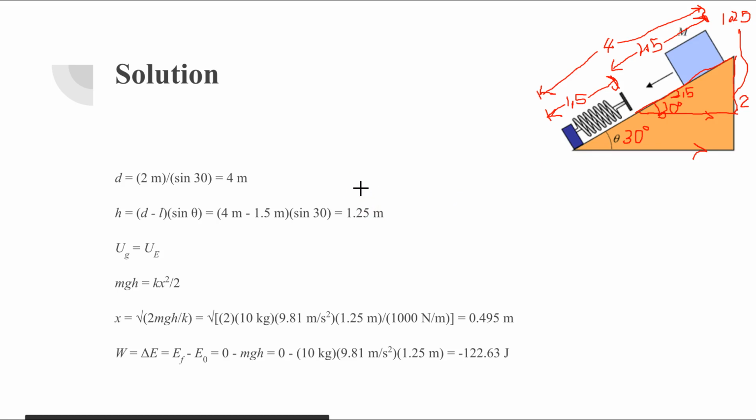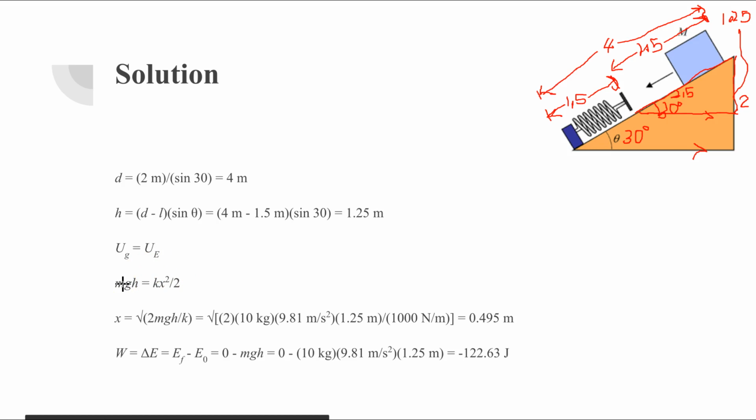We're going to neglect any further change in height because that's where elastic potential energy starts to take over. So you have U_G equals U_E, you have mgh equals kx squared over 2. So x equals the square root of 2mgh over k. If you don't know what we did, we just set these two equal to each other, multiplied both sides by 2, and divided by k.